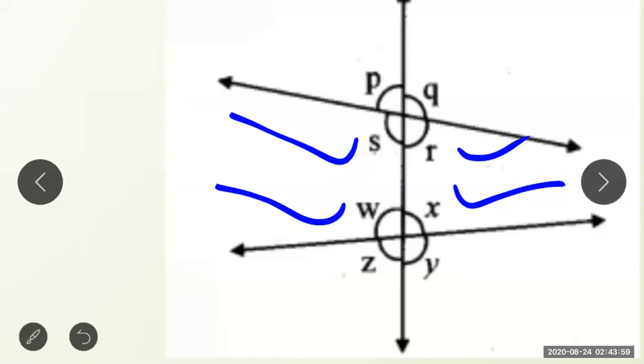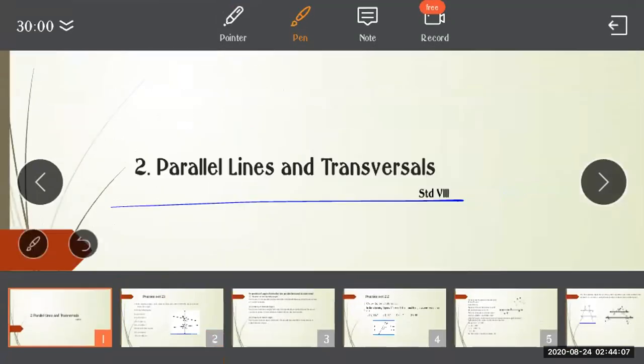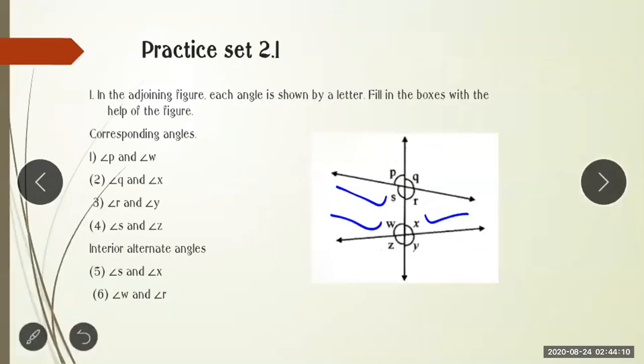So we have done our first sum. I am giving you 1 minute to complete your sum. Students, complete it. First find the corresponding angles, and then find the interior alternate angles.